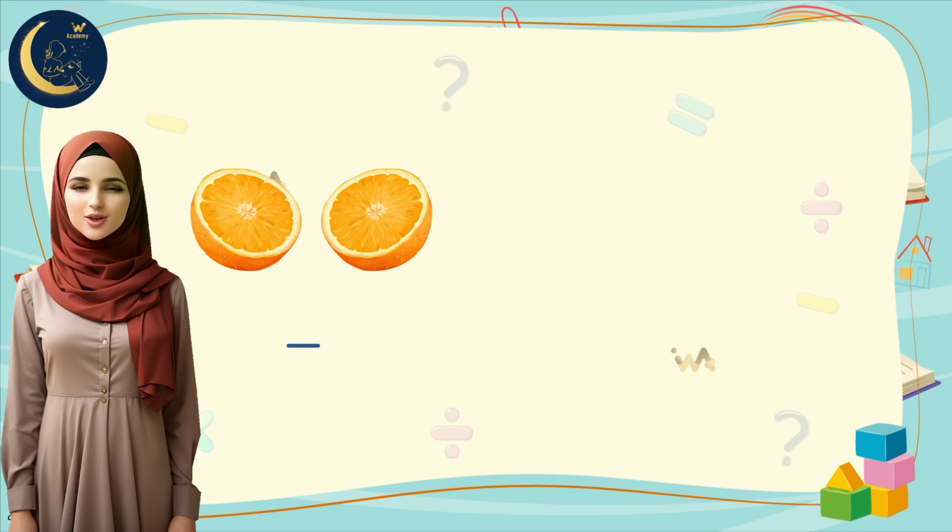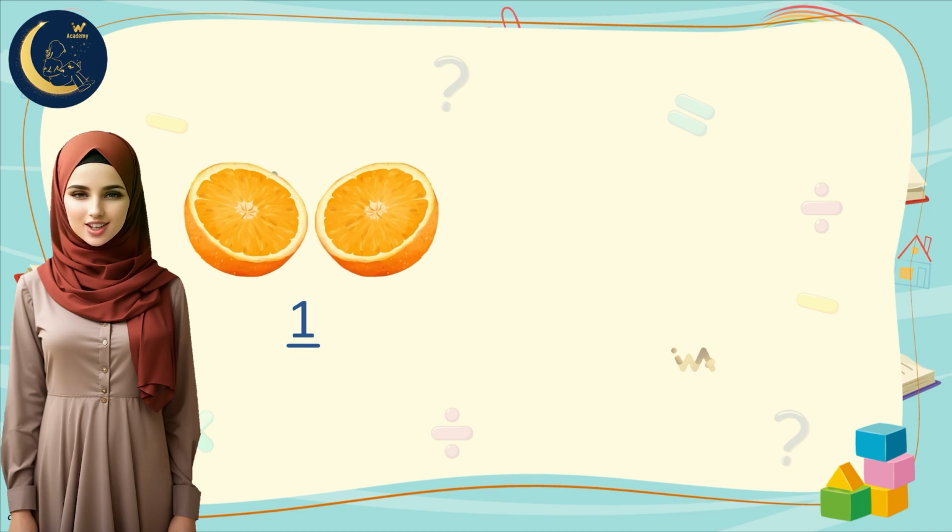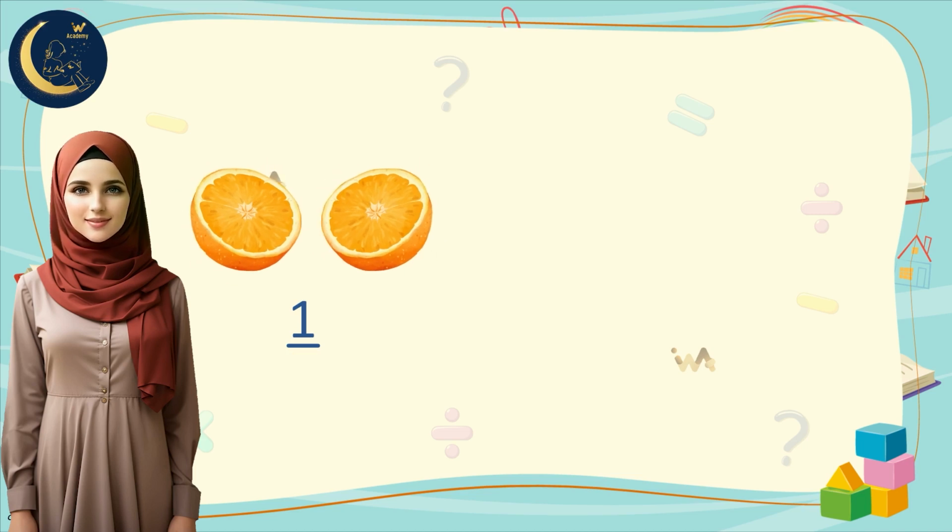How many parts do we want to express here? 1. Good job. So we will write number 1 in the numerator. Now, what do we write in the denominator? The number of all parts. Excellent. How many parts do we have here? 2. You are great. So we will write here 2.